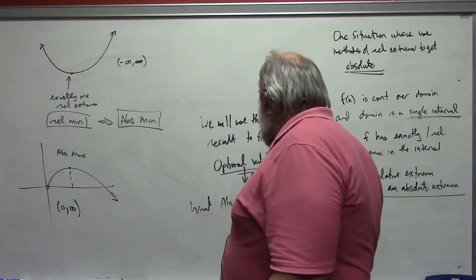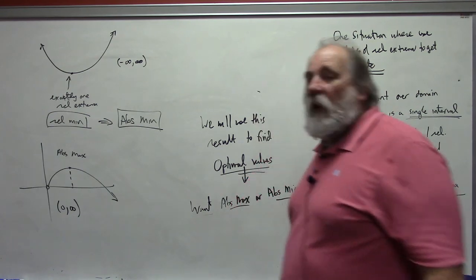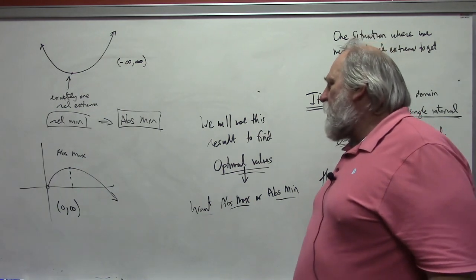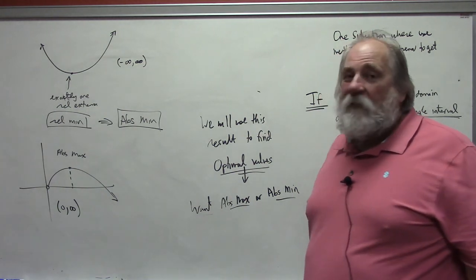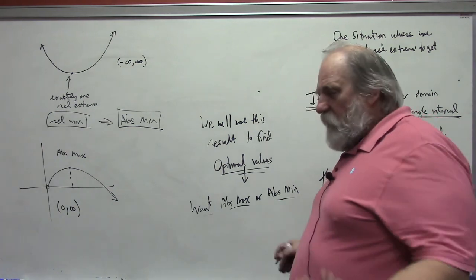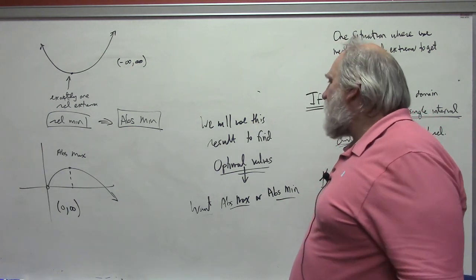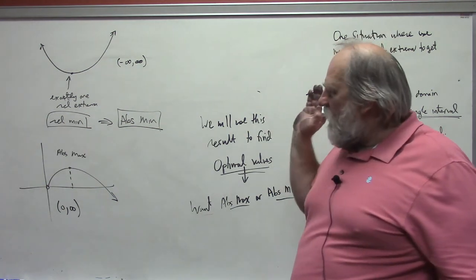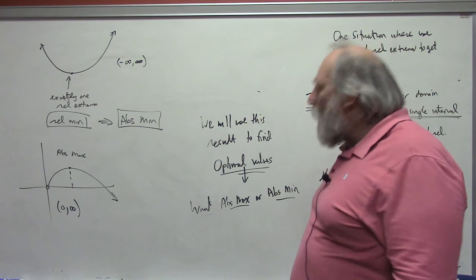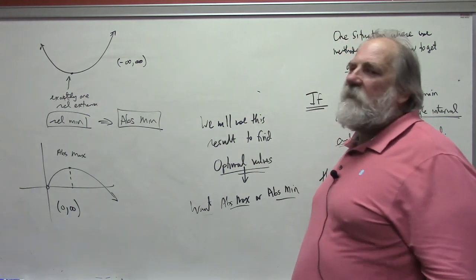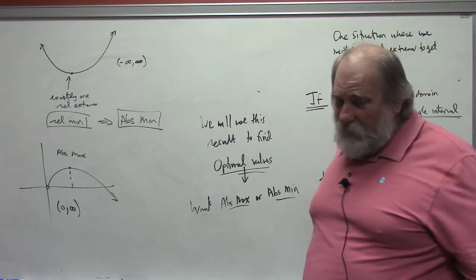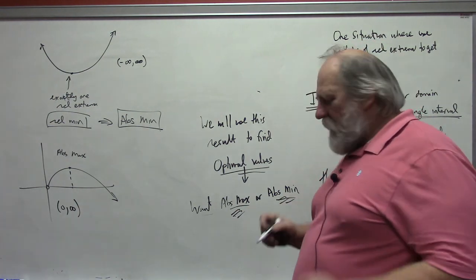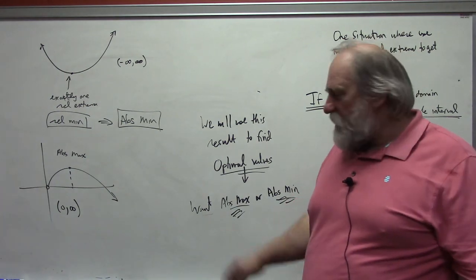Most of the time, the intervals we're dealing with will not be closed intervals where we include both endpoints. Hence, EVT won't apply, and the methods we used previously for absolute extrema don't work, but this condition will generally hold. Therefore, it will allow us to find the optimal value in the situations we're dealing with.